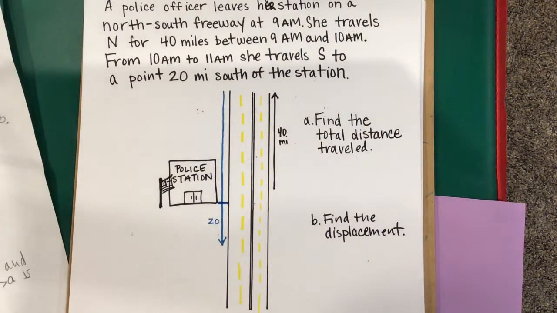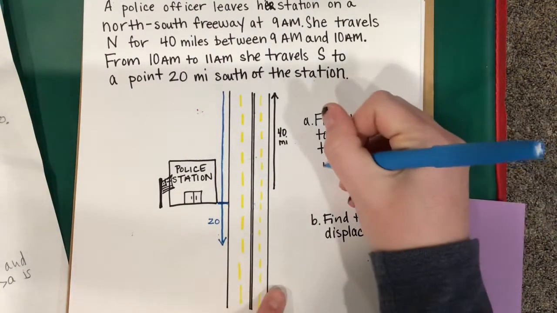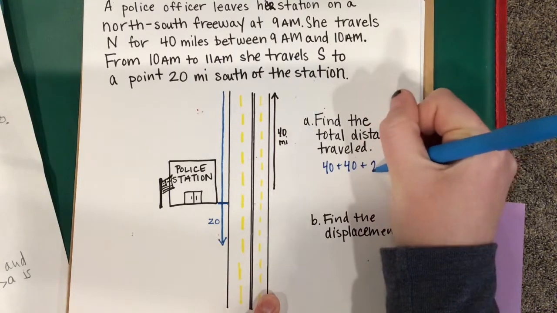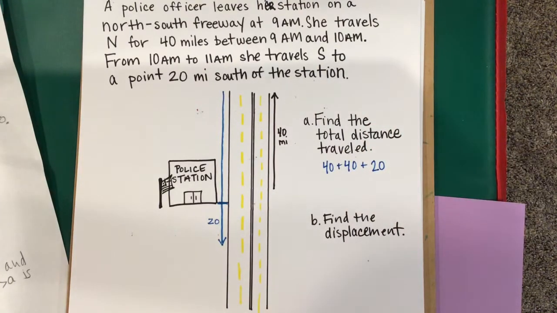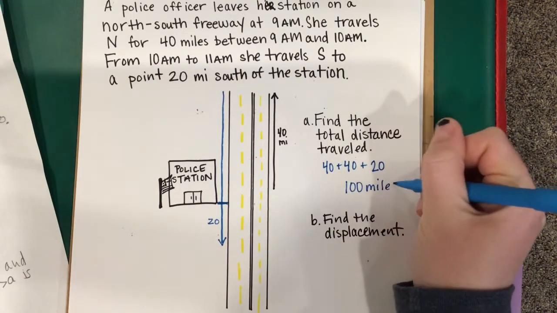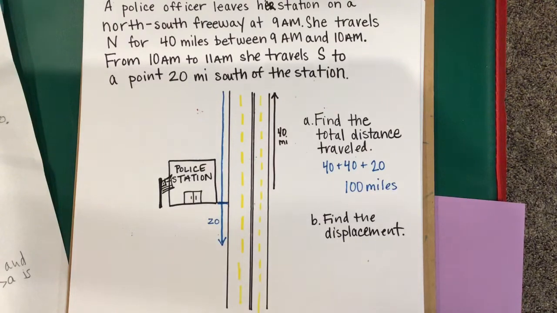So in this situation, she traveled 40 plus 40 plus 20, which is going to give us a total of 100 miles. But that doesn't mean that she's 100 miles from the police station. That 100 was just the total distance she was on her bike.